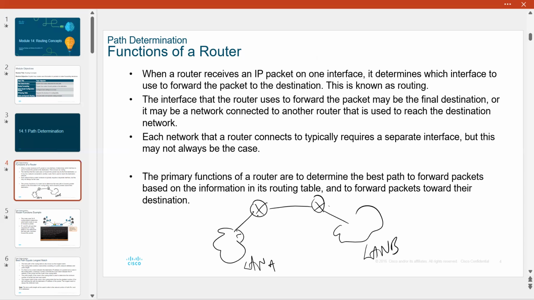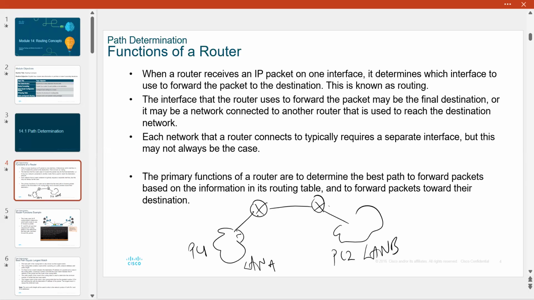What is routing basically? If I have a PC1 here in LAN 1 and a PC2 in LAN 2, and I want to send information from PC1 to PC2, what this router knows in its routing table depends on the routes that are configured on this specific router.